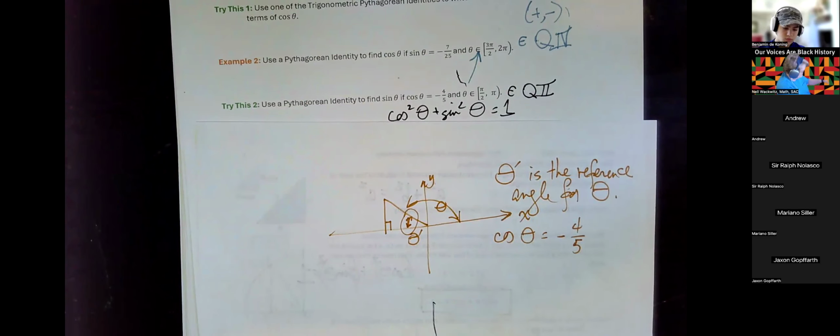It'd be the x coordinates. But that's the unit circle. What about right triangle? Adjacent over hypotenuse. Good. We're going to go back and forth, back and forth, back and forth all semester. So this is awesome. And can the hypotenuse be negative?